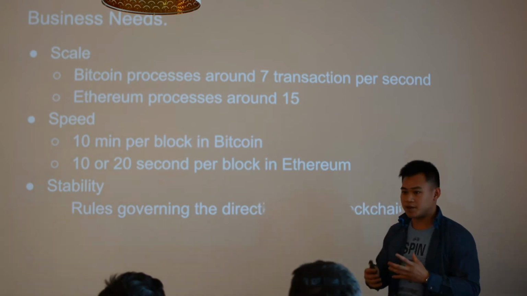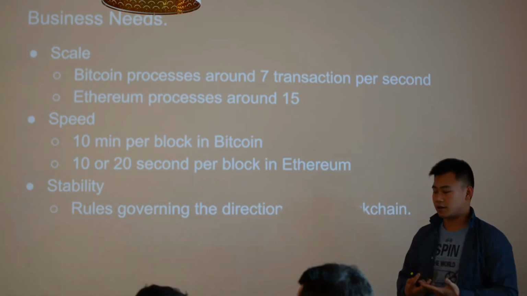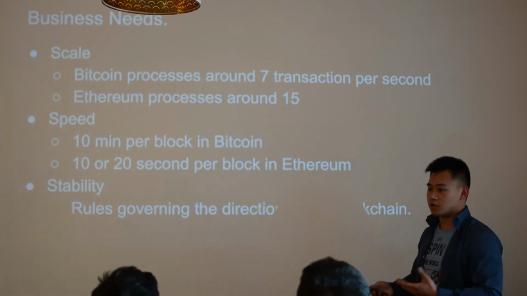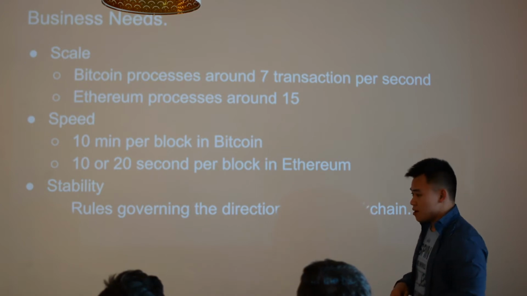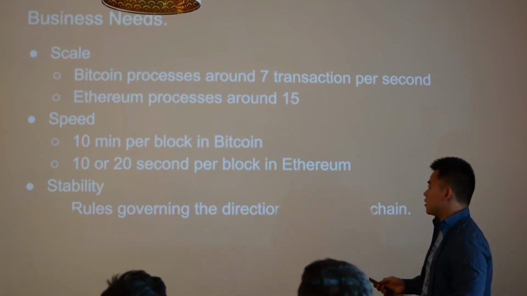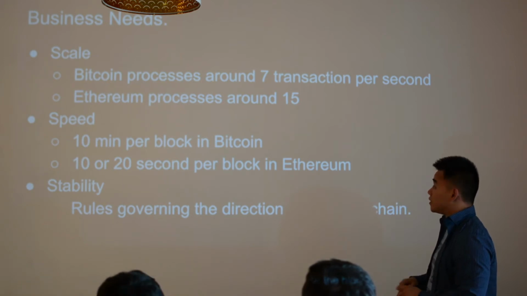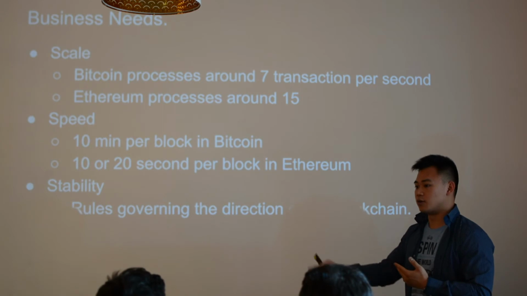Now I want to talk about what business needs. If you want to build on blockchain, what kind of things do you need a blockchain to have in order to make your business viable? First, you need to be able to scale. In Bitcoin, you can only process about 7 transactions per second. In Ethereum, you can process only about 15 per second. And that's only just moving the transactions to the blockchain.